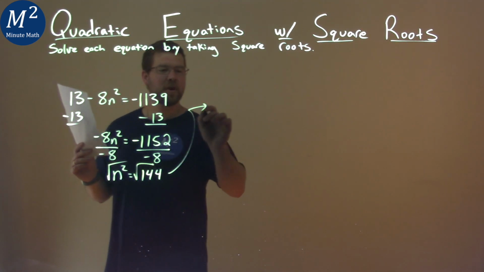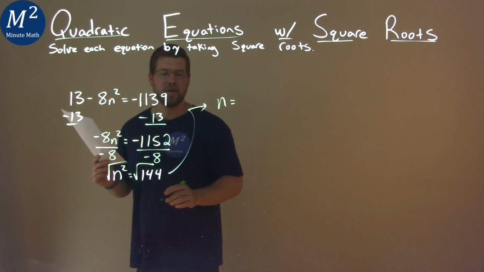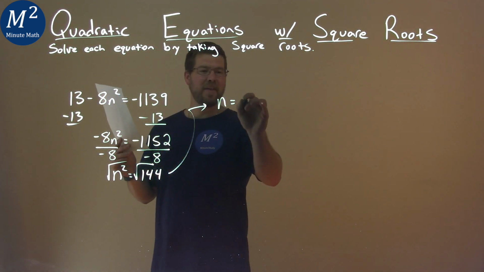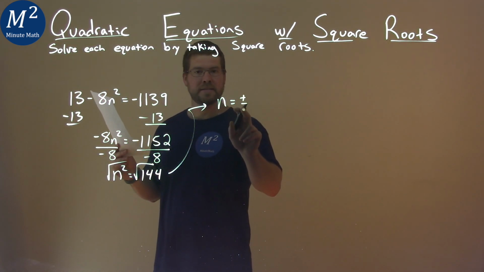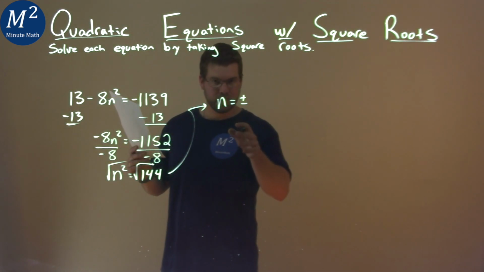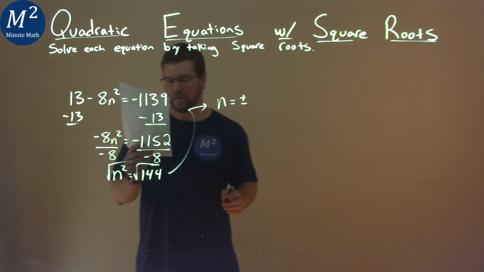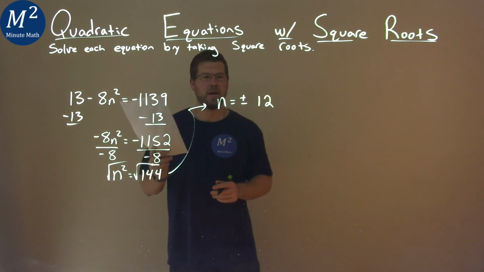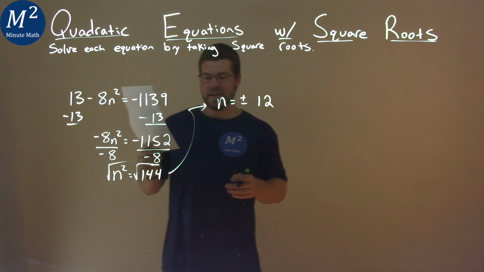When we take the square root of both sides, you get rid of the n squared here, but we have to have a plus or minus on the right-hand side, because when we take a square root of both sides, plus or minus. Now, the square root of 144 is something I always do off the top of my head, and that is a 12. So n equals plus or minus 12 here, and we're almost done.